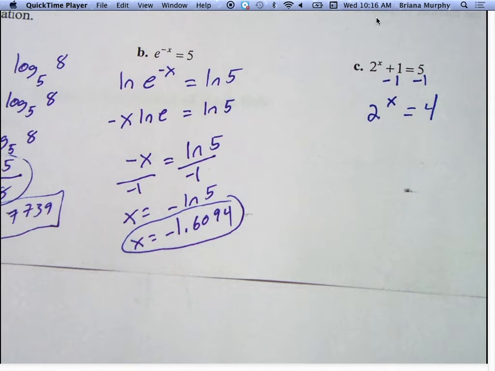Now this is set up just like A, so I want you to solve it and show all your steps like that, and then I'm going to call on some of you guys to try it out. You guys ready, or you need another second?